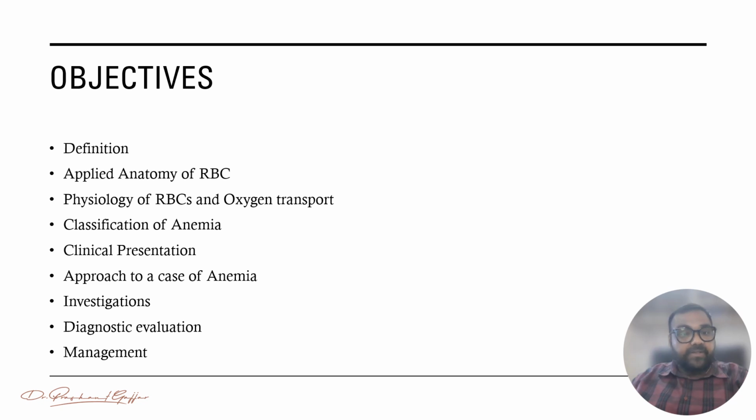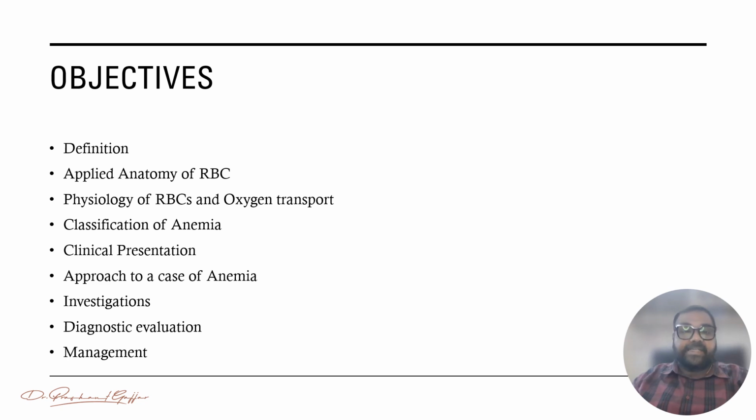After the end of the session, you must know the definition of anemia, the applied anatomy of the RBC, the physiology of the RBC and oxygen transportation, the different classifications of anemia, the clinical presentation of the patient, how to approach a case of anemia, which investigations are useful to diagnose anemia, the different criteria of diagnostic evaluation, and the management of anemia, allopathic as well as homeopathic, right?